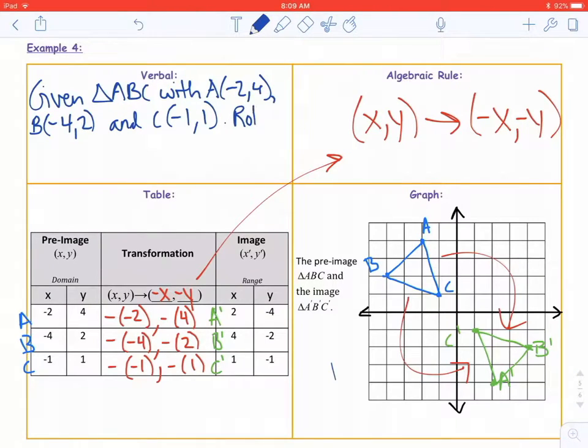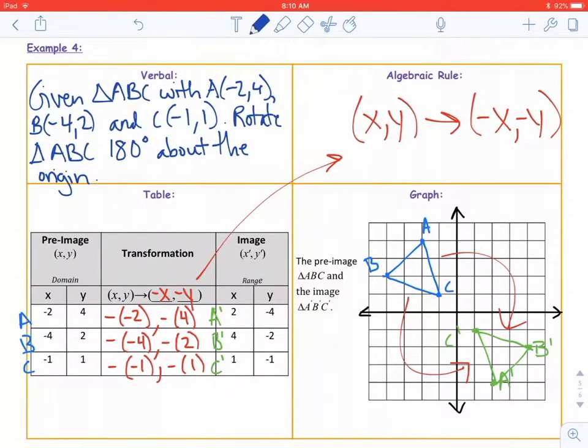And we rotated, so let's say rotate triangle ABC 180 degrees about the origin. It's good to state about which point you're rotating, which is normally for us going to be the origin, but not necessarily always for rotations.